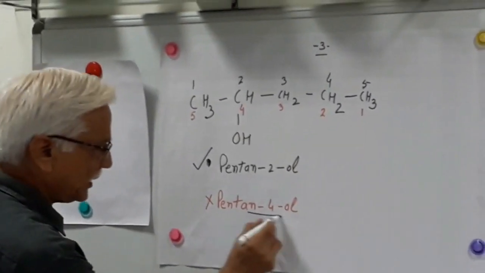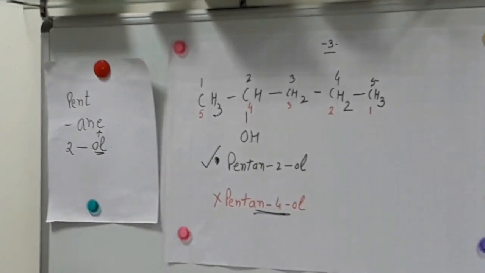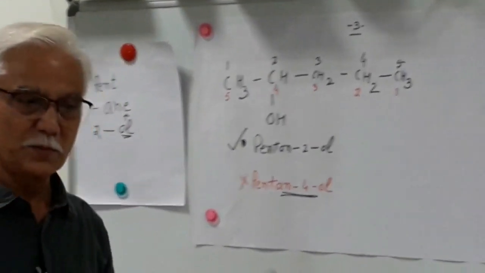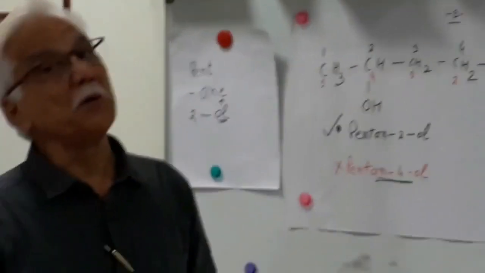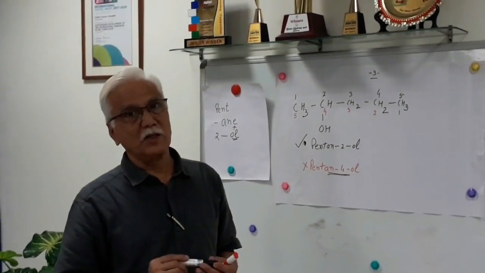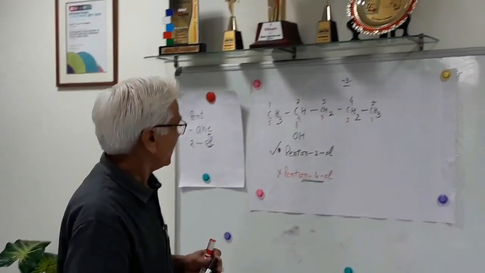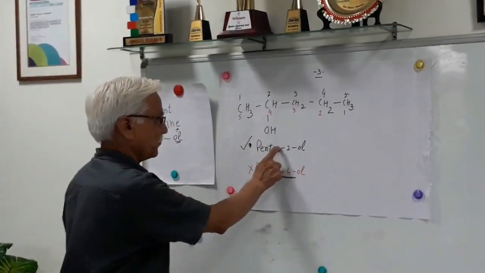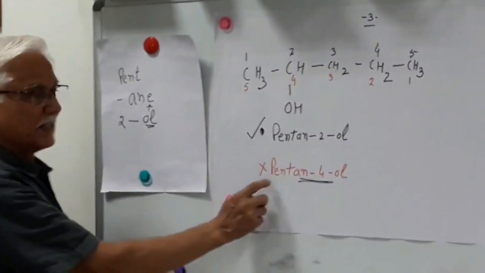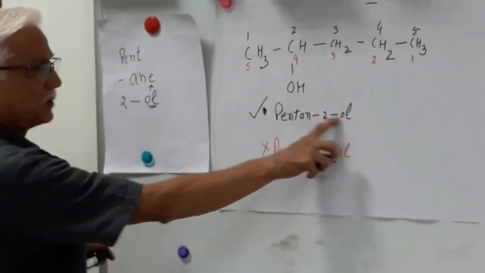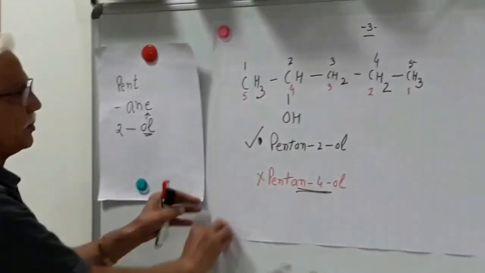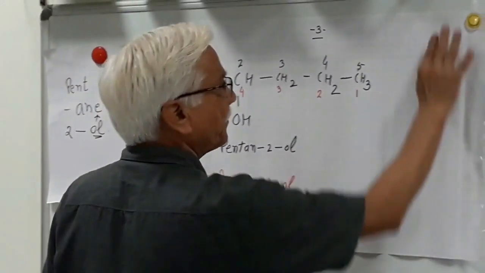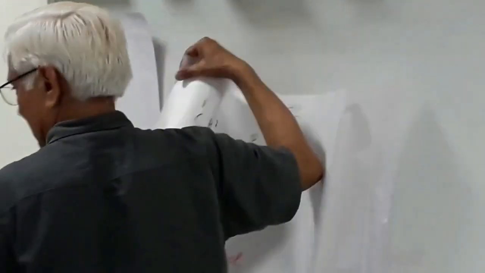So again the rule is, if a parent functional group is present, it will get the minimum number. So this one is preferred, this one will be rejected. So it will be pentan-2-ol. Very simple. It's a simple example.